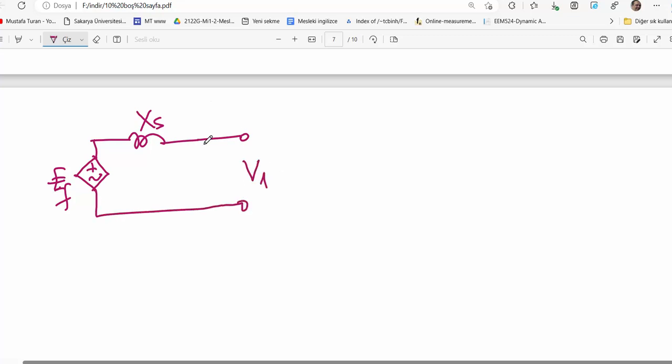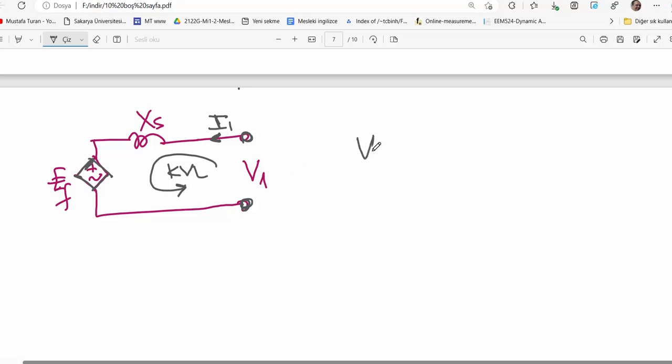Let's draw the equivalent circuit. Here is EF, induced EMF. Here is XS, synchronous reactance. Armature resistance is neglected, so I have skipped the resistance here. Here's the terminal voltage. Let's apply Kirchhoff's voltage law around this loop because current is incoming. We supply from the terminal. Here's the device making energy conversion.